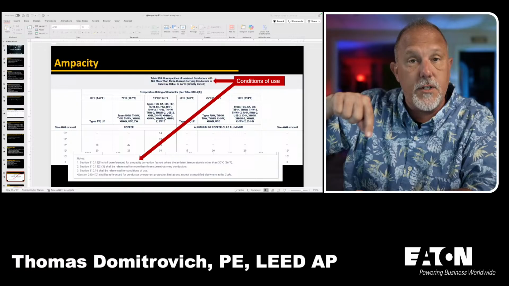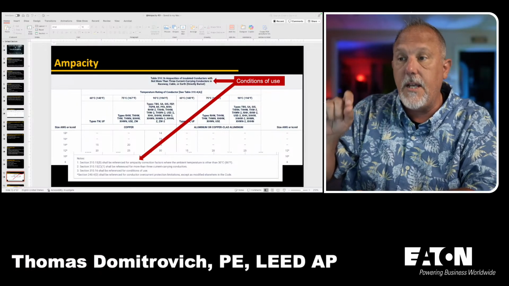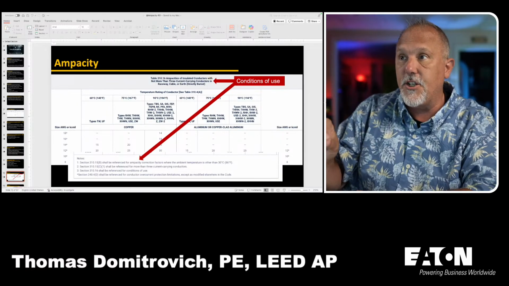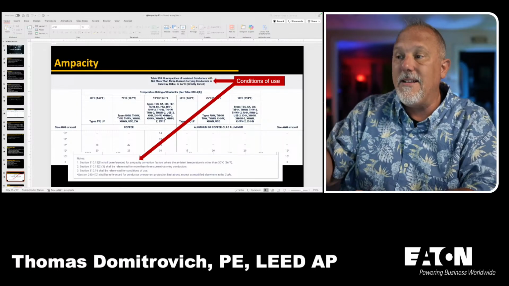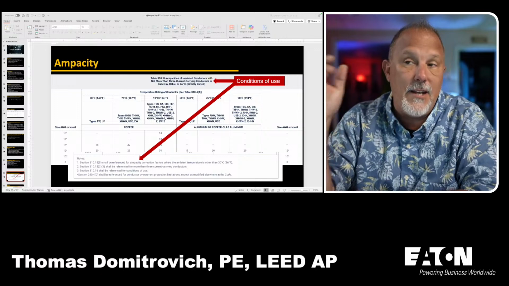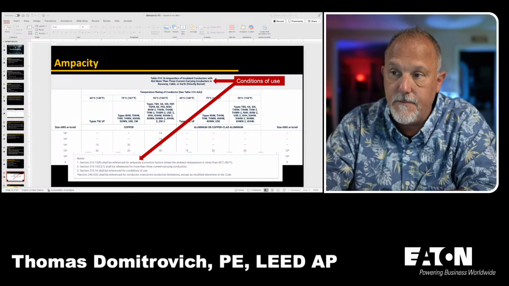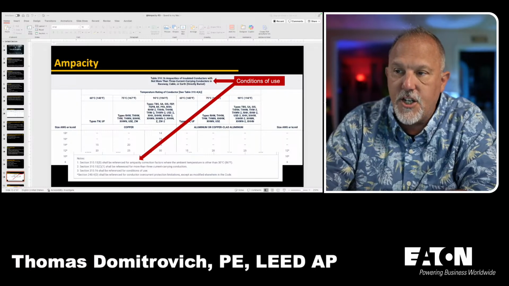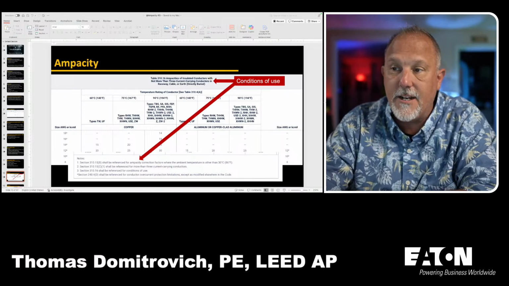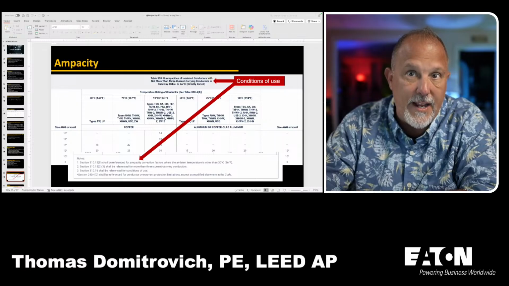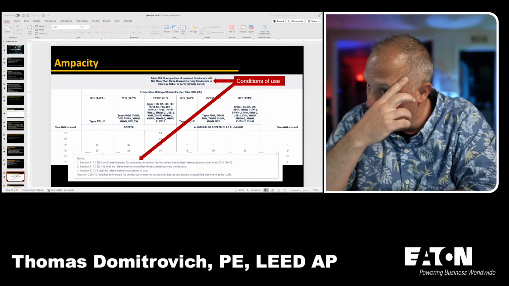So I have conditions of use. The other condition of use is in note 1, section 310.15(B) shall be referenced for ampacity correction factors where the ambient temperature is other than 86. So that tells me that these ampacity values are based upon 86 degrees Fahrenheit. And shall be referenced for more than 3 current carrying conductors. So it tells me I have no more than 3 current carrying conductors.